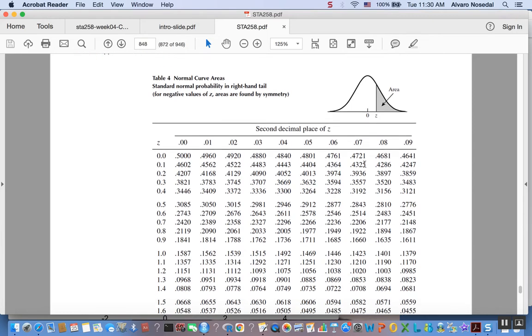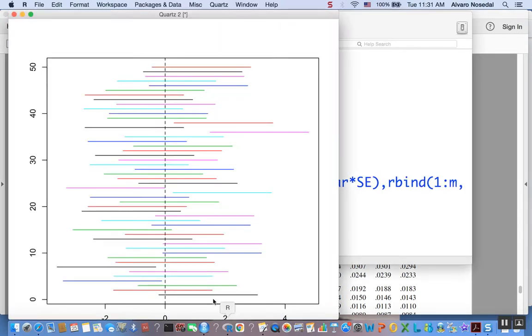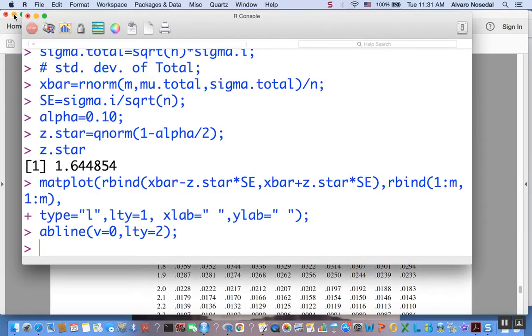If you're using a table, the best that you can do is 1.64 or 1.65. So using R, we have something more accurate.